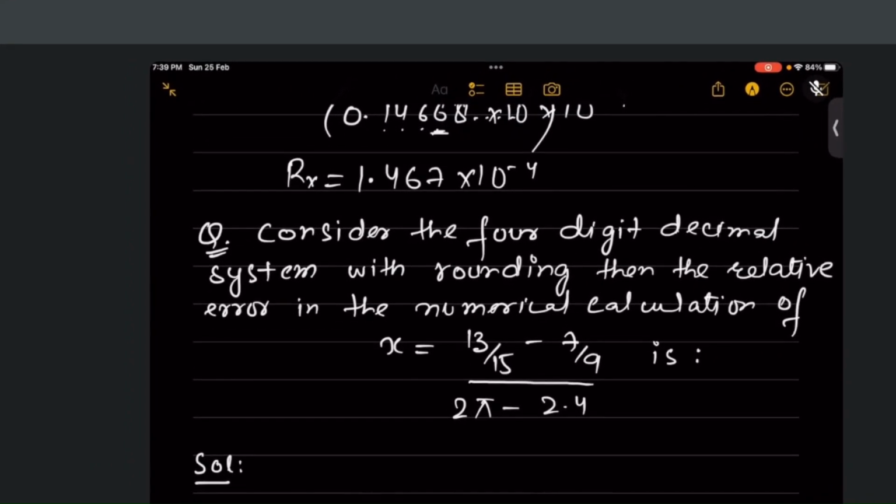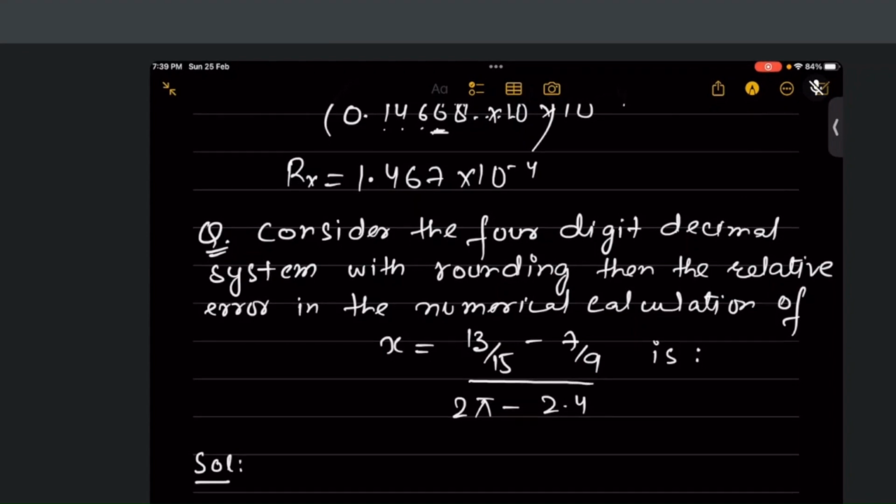It's 4.056 into 10 power minus 4. No, I don't think that is the correct answer.